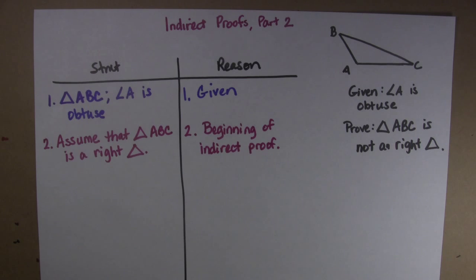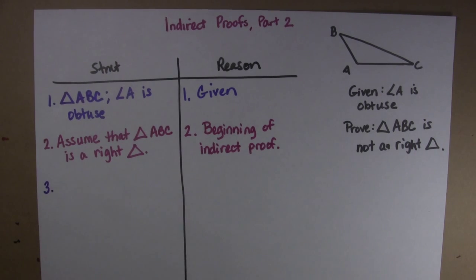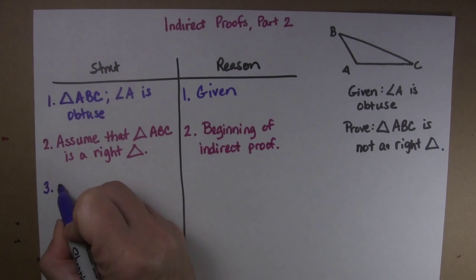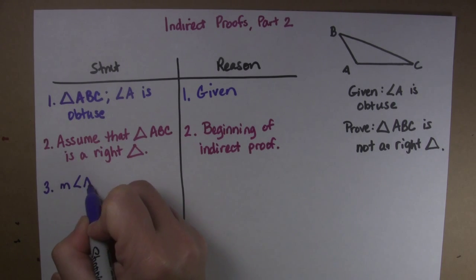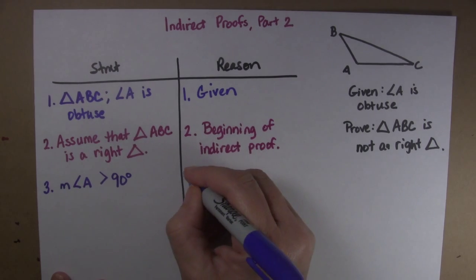Okay, so then our third statement is going to be something about an obtuse angle, maybe, or something that's about a right triangle. Let's go with the obtuse angle. So I'll say that the measurement of angle A is greater than 90 degrees.